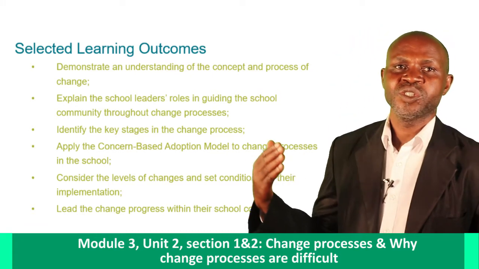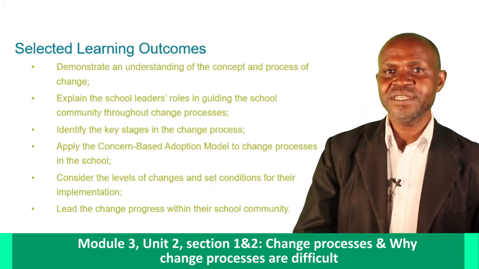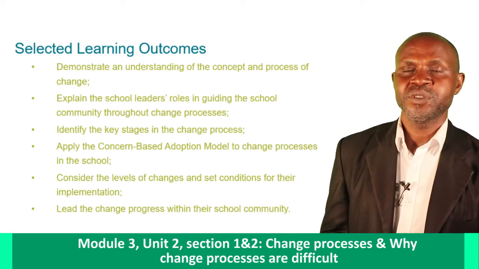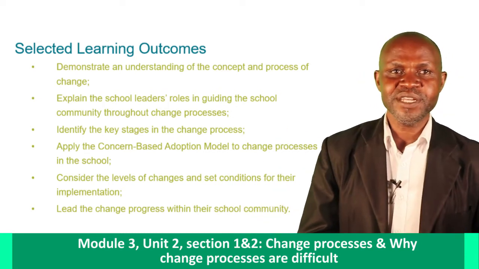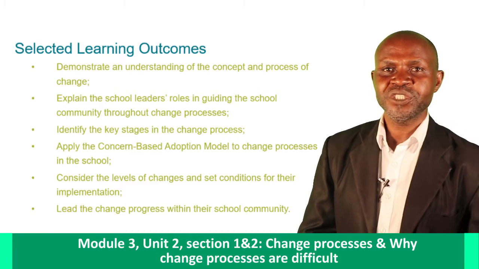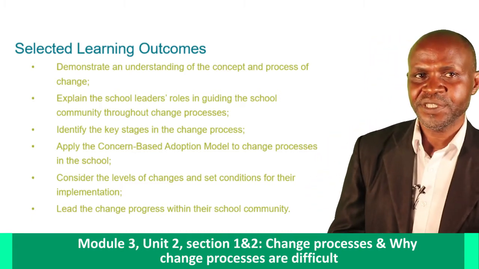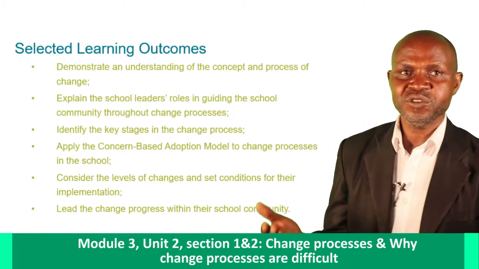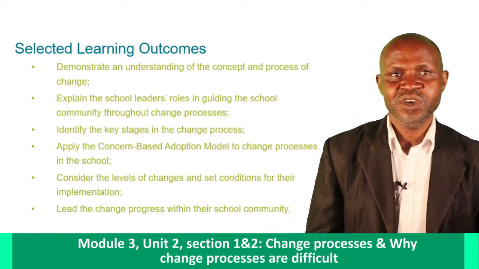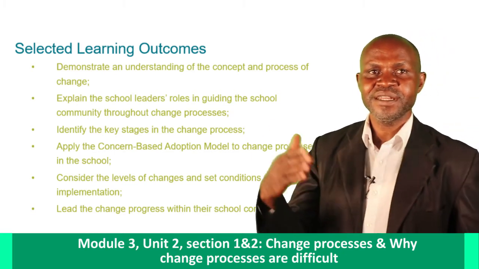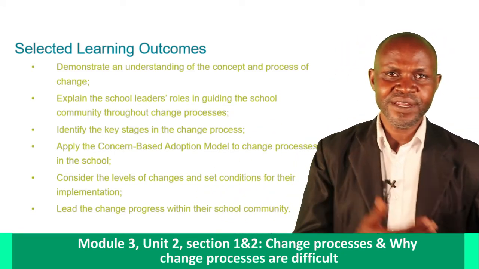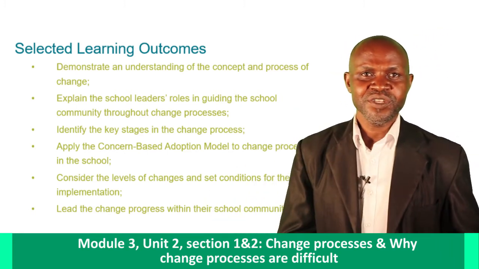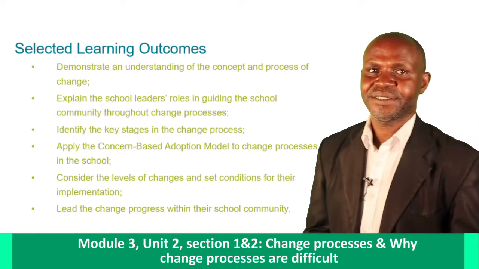Number 3, to identify the key stages in the change processes. Number 4, to apply the concern-based adoption model to change processes in the school, in the district. Number 5, to consider the levels of changes and set conditions for their implementation. Number 6, and the last one, is to lead the change processes within your school, community, and the district.